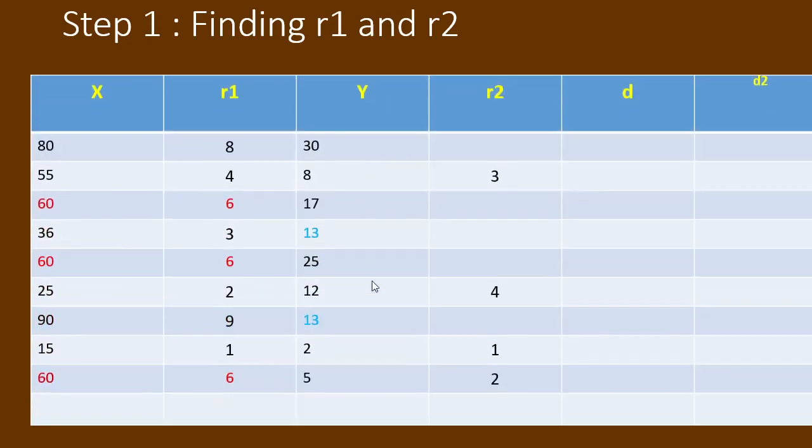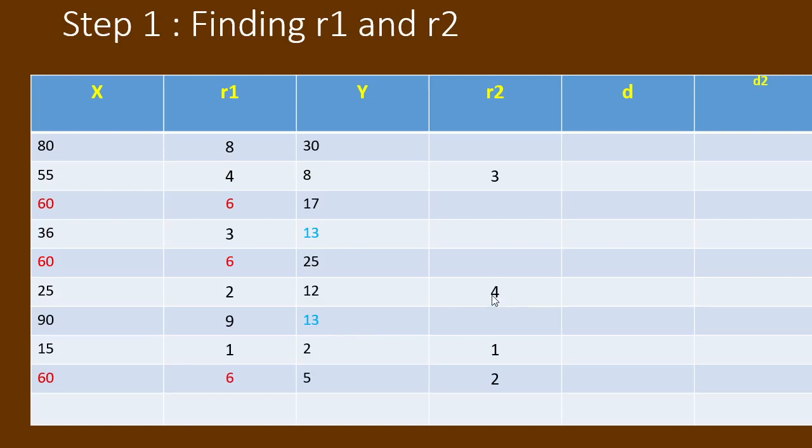For the Y series, the least number is 2, that's rank 1, then 5 rank 2, 8 rank 3 and 12 rank 4. After that, we have repeated data 13 and 13. As far as this repeated data, we know that we need to allot the average rank.